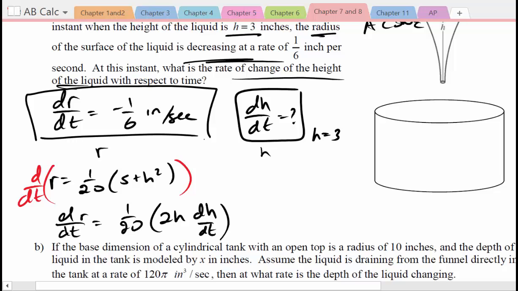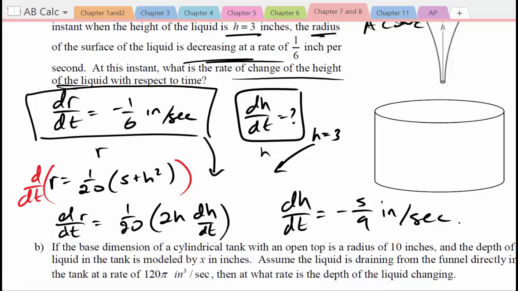If I plug in the two things I know, I plug in dr/dt and I plug in h equals 3, I will eventually come down to dh/dt equals negative 5/9 inches per second.